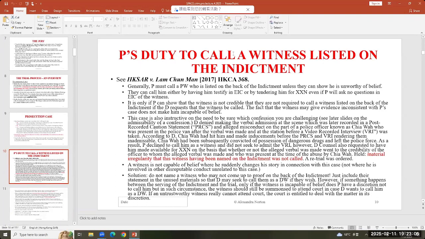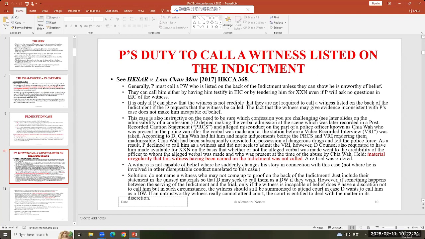I think the duty to call a witness listed on the indictment, you can read it yourself. Basically, what happens is that on the back of the indictment, the prosecution must list all of the prosecution witnesses that they're intending to call in the case. And if a prosecution witness is listed on the indictment, the prosecutor is obliged to either call them for examination in chief or to tender them for cross-examination.